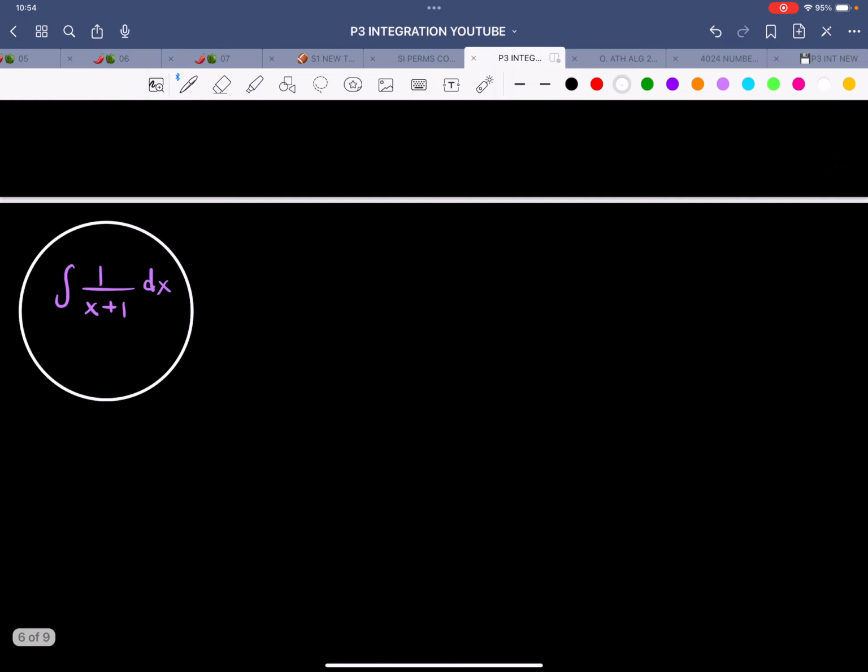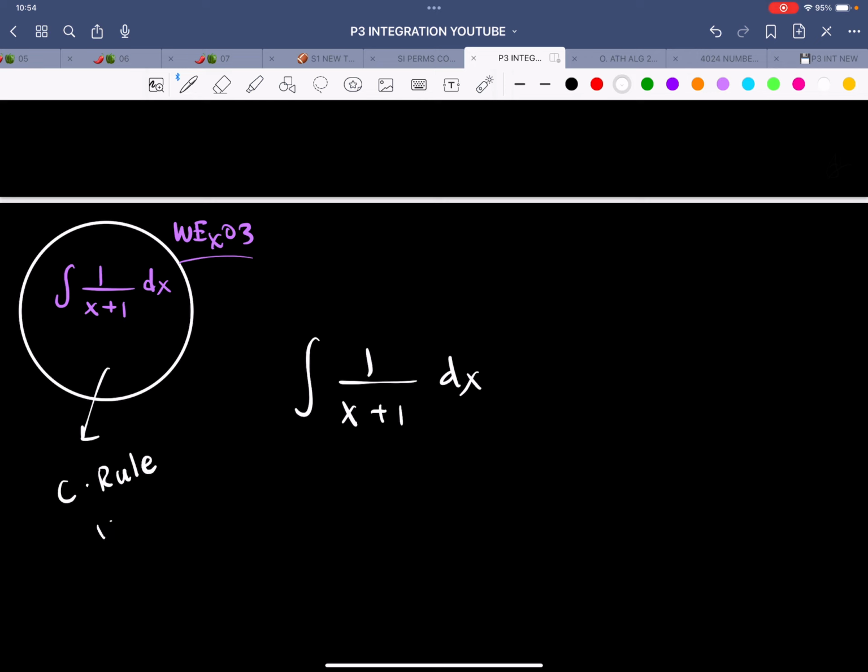Now the third one, what is this? This one, by now you have realized, worked example 3, is about natural log integration that gives you natural log. So 1 over x plus 1 dx, first of all, chain rule is not applicable. Why?